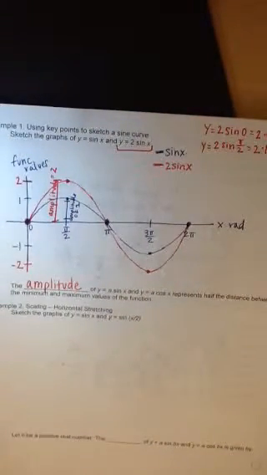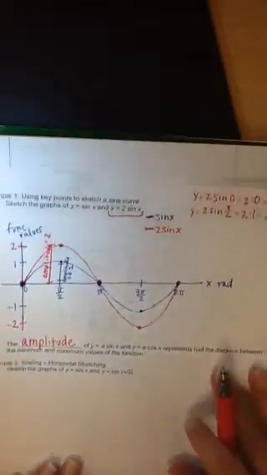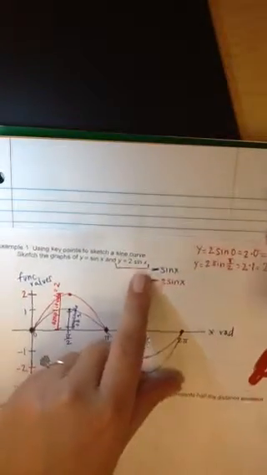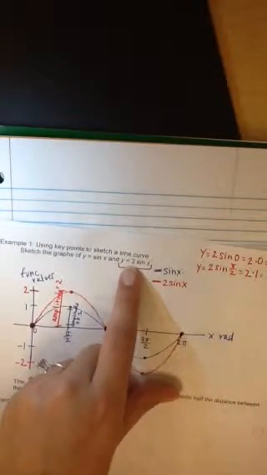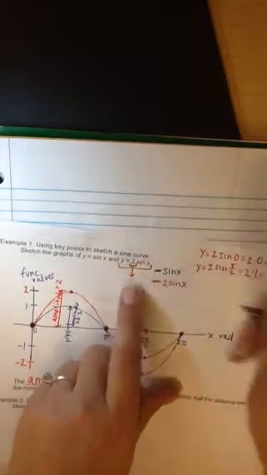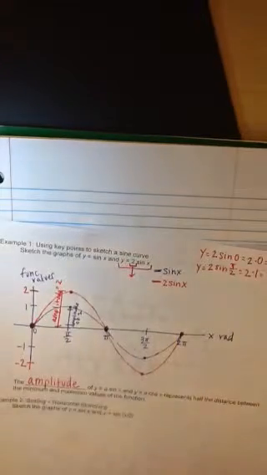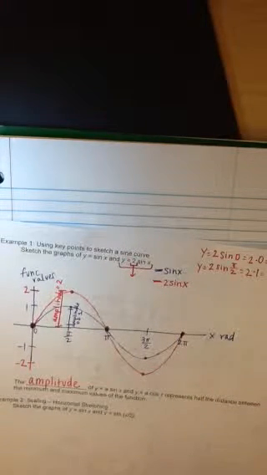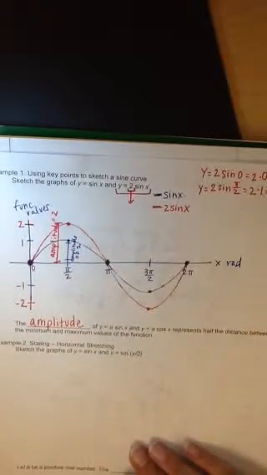Now you can see this from looking at the equation. When I give you an equation, you shouldn't have to graph it to answer the question. If I simply asked you, and I will, what is the amplitude of the function y equals 2 sine x? You can look. It's like the A. It is exactly the A. The impact of A in any other standard form parent function equation we've ever worked with is going to be the same impact that A will have on our sine and cosine function.